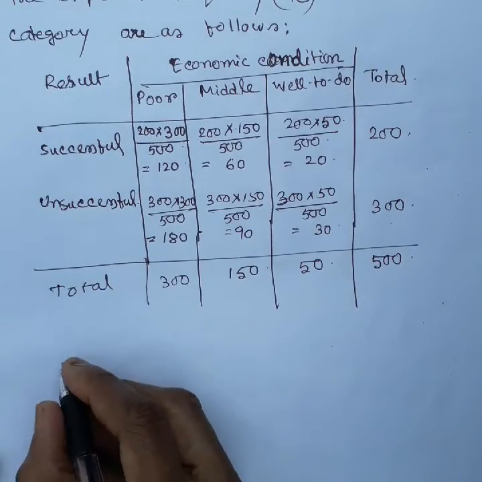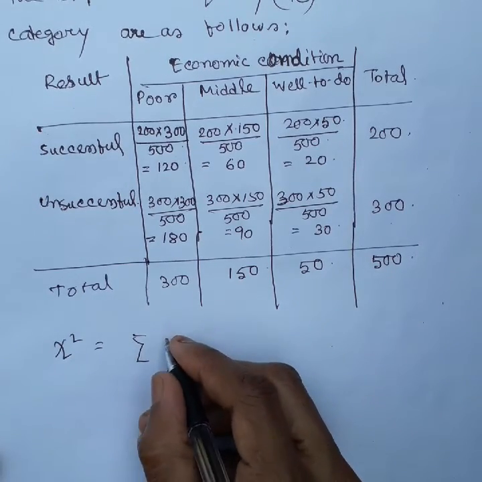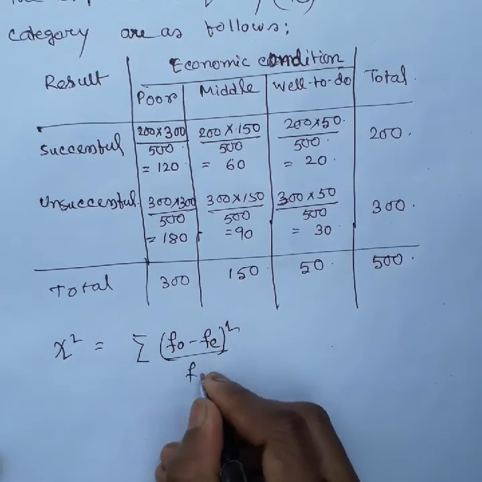Okay, so chi-square is equal to, from the formula, summation of FO minus FE whole square by FE.